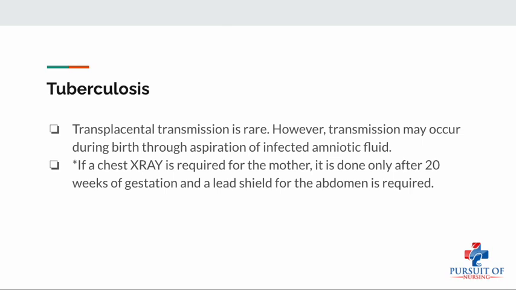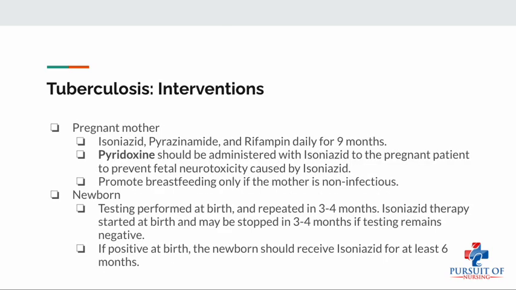Of course, normal transmission of tuberculosis occurs via airborne. Active tuberculosis during pregnancy has been associated with an increase in hypertensive disorders of pregnancy. That's your HELLP syndrome, your preeclampsia, your eclampsia, and your DIC. Also know that TB skin testing is safe during pregnancy.